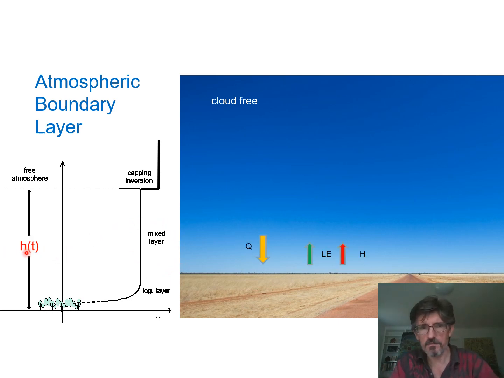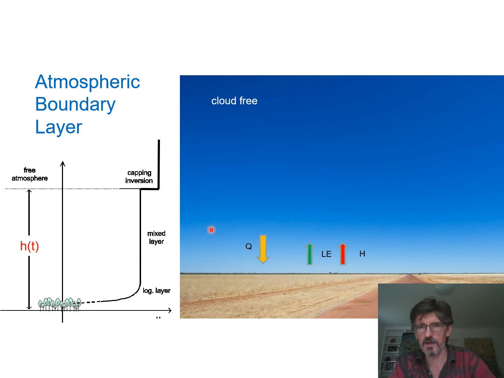This is the height of the boundary layer, of this mixed layer, that grows in time, and above that there is an inversion, and on top of that there is the free atmosphere. Now the free atmosphere typically has much less turbulence. This is very turbulent, so it is well mixed. You don't see it on a cloud-free day, but you feel it if you fly.